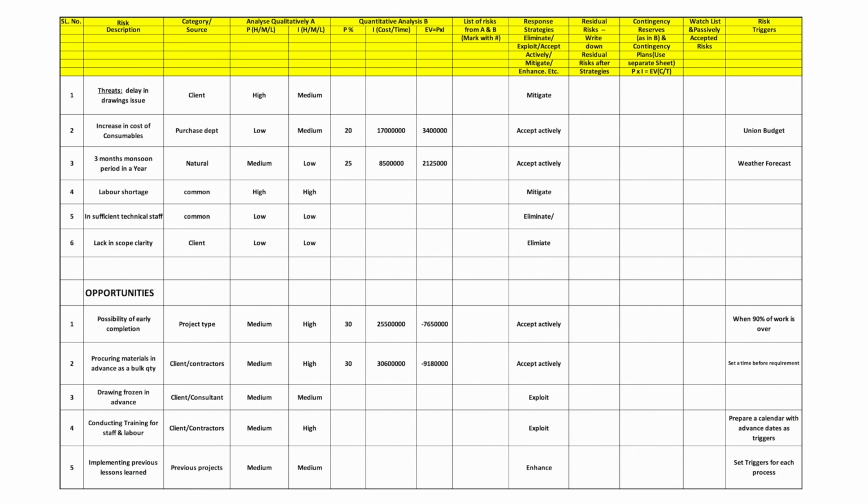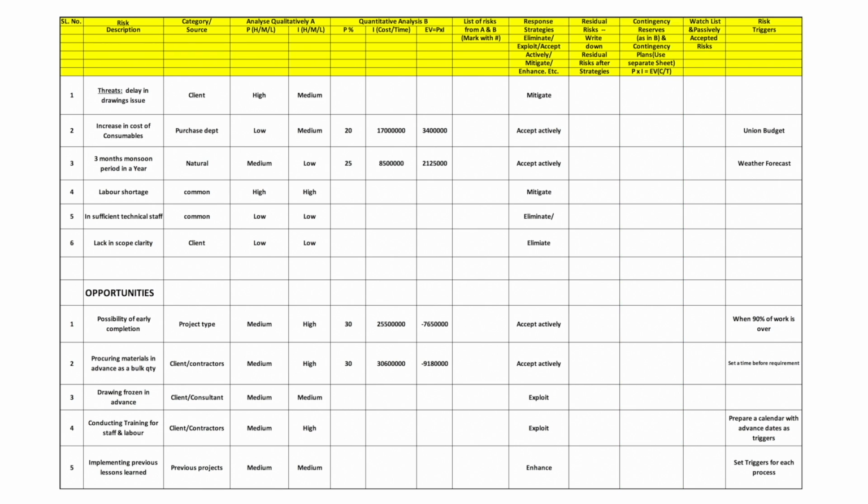And then next we go into creating the contingency reserves and the contingency plans. These are similar to what we did in the quantitative analysis, and these give you the reserves in terms of cost and time for those high value risks and those actively accepted risks.